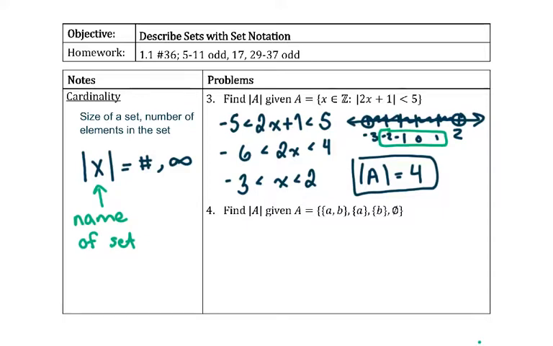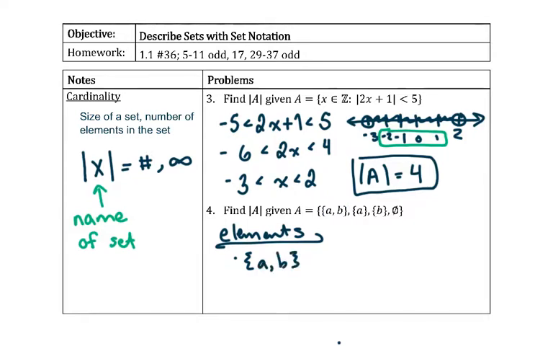Here for question 4, we have find the cardinality of A, where we've got a set and we have so many brackets. Sets can have sets as their elements. So sometimes it's nice to list out the elements of A as a bullet list. So you can say, okay, the first one, we go past this first bracket. This first element is a set that contains a, b.